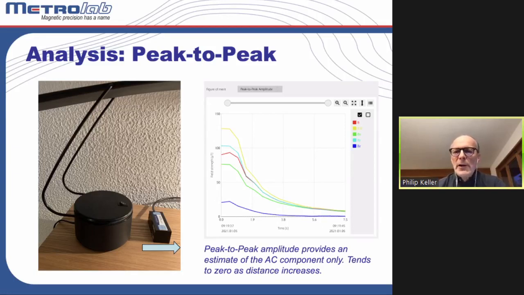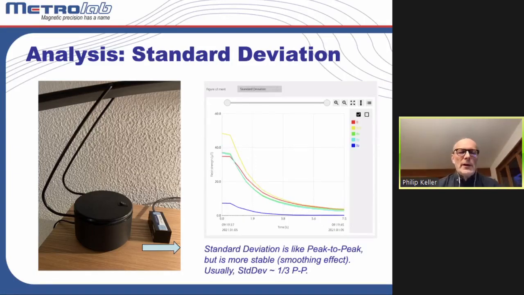So for better stability, you can compute the standard deviation, which is exactly what it says, the statistical calculation of the standard deviation. And it has the effect of taking into account all of the measurements in your sample, and therefore you get a good smoothing effect. And generally, with sinusoidal type oscillations, the standard deviation will be roughly 1/3 of the peak-to-peak value.